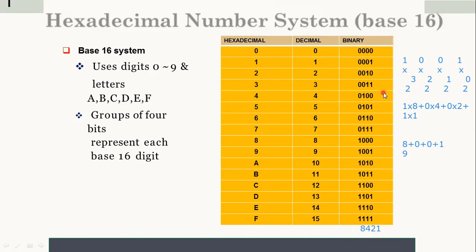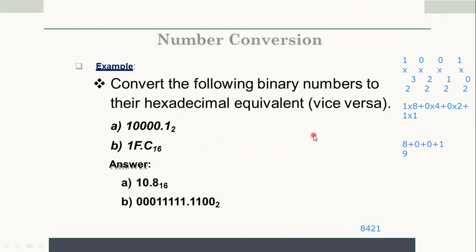So now, how to convert hexadecimal into binary and binary to hexadecimal? If you remember this table, then you will easily do the binary to hexadecimal and hexadecimal to binary conversions.